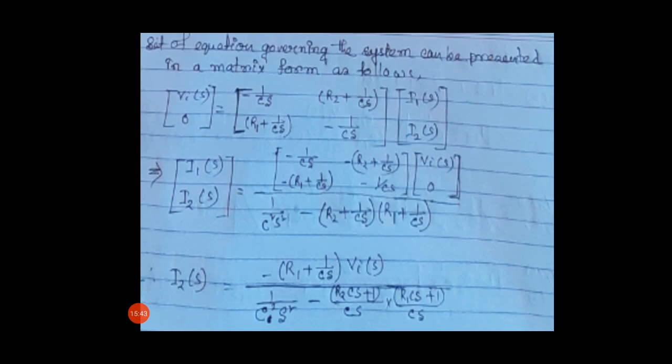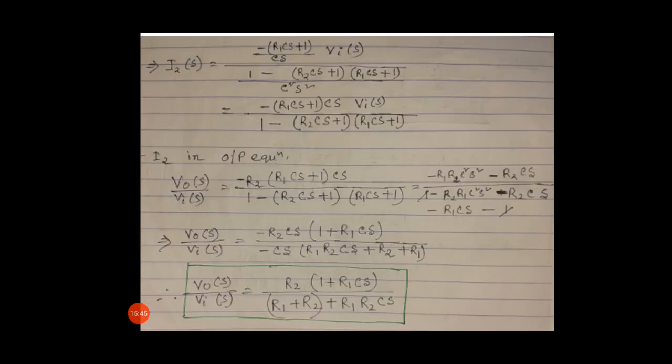From this matrix we calculate I2(s), and after simplifying I2(s) we put this I2(s) in our output equation. Then after simplifying the output equation we find the transfer function of the system, and the transfer function of the system is expressed in this equation.